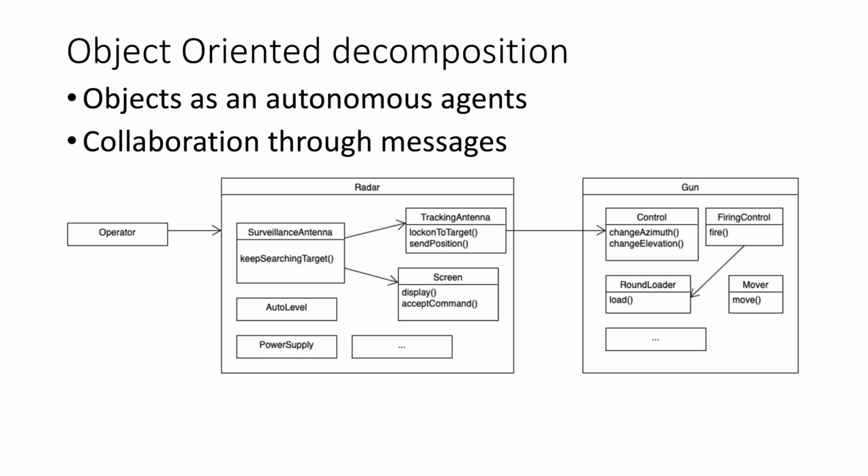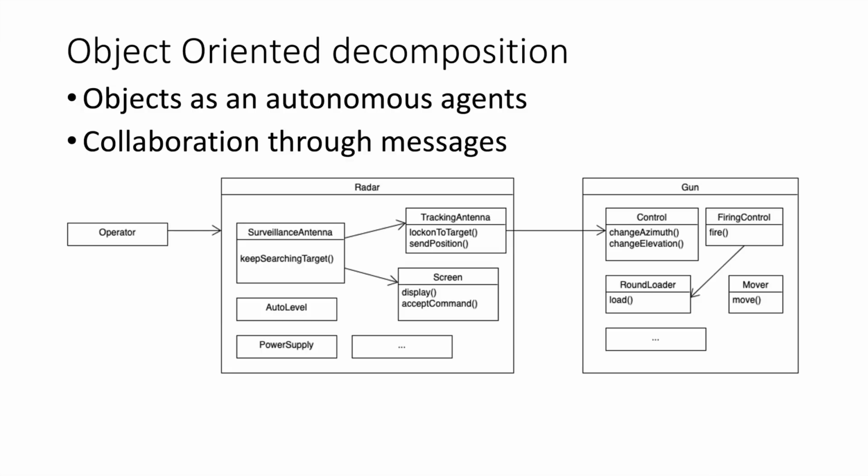Radar itself being an object, had its own objects inside it. For example, it might be a surveillance antenna, the tracking antenna, the screen, auto level, then the power supply and many other things. Gun also had its own set of objects inside it, and that is nothing but data which is required for this outer layer object for working its own functionality.